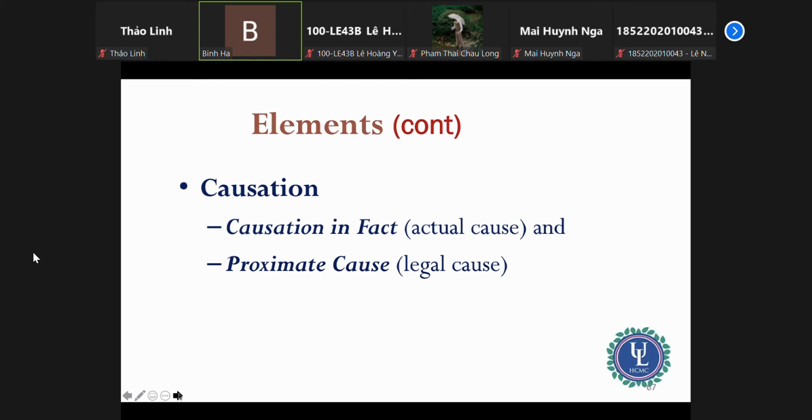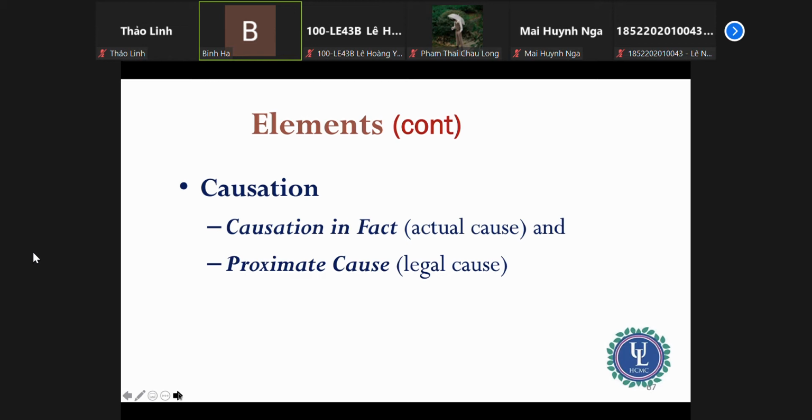The difference is that causation in fact means actual cause, so we use the but-for test, but proximate cause means a legal cause that refers to the situation where you can be exempted from liability if you can prove that the damage is too remote to be recovered, too far away, and not foreseeable. Even though there is a causal link, if it is not foreseeable, then there is no proximate cause or legal cause, and you could not be liable for that.